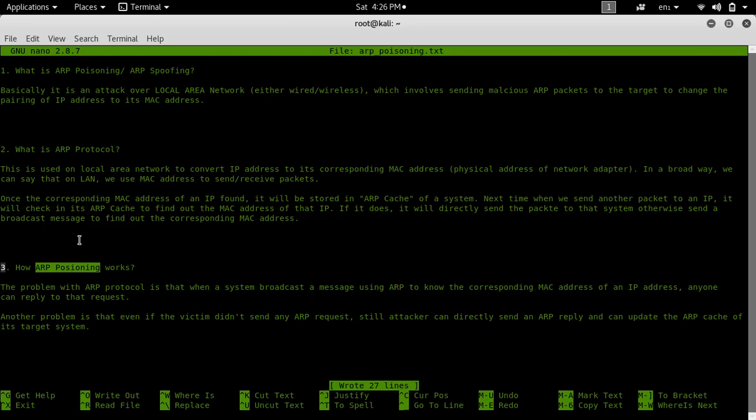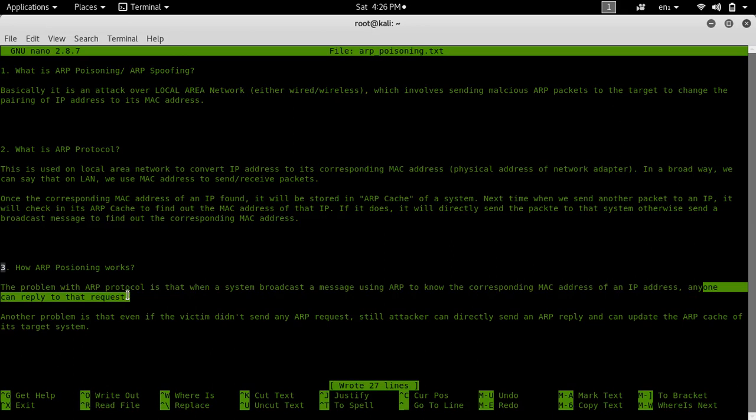The issue is that if a system sends an ARP request to find out a MAC address, anyone can reply to that request. It doesn't matter whether the genuine system replies or not.